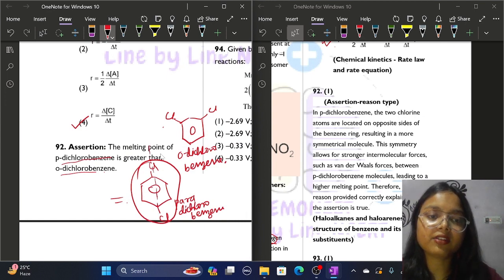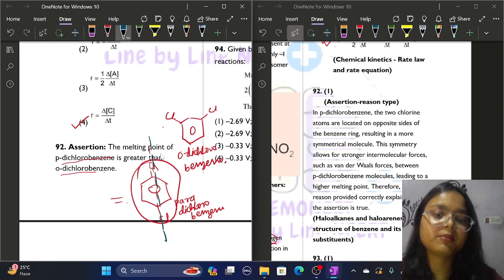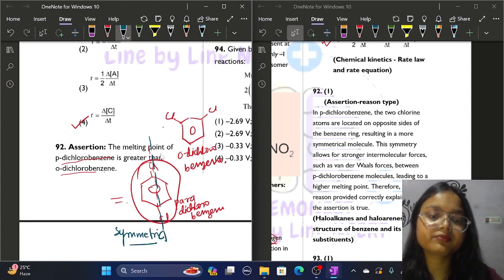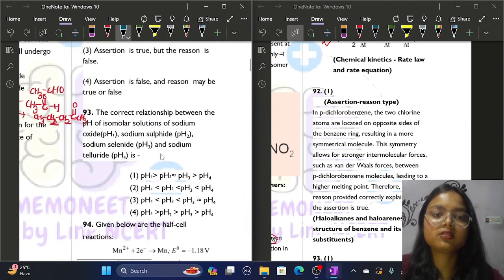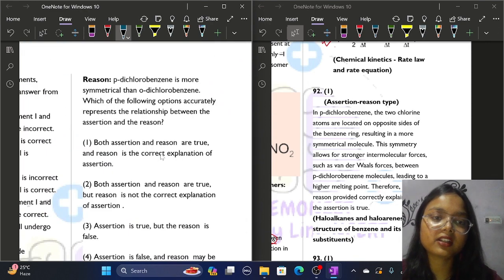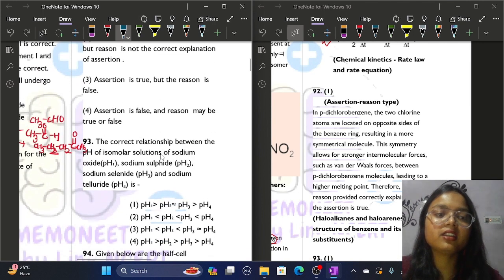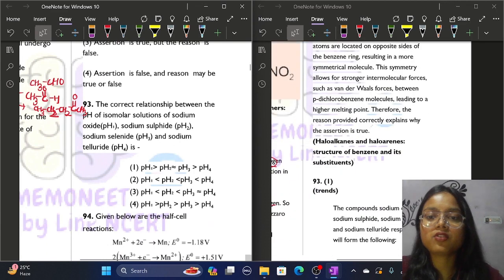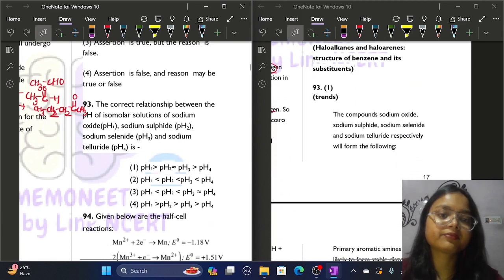If we draw the line of symmetry through the middle, this is a symmetric molecule. So this is the correct option. What will be the answer? Both assertion and reason are true, and the reason is the correct explanation for the assertion. Okay, option 1.